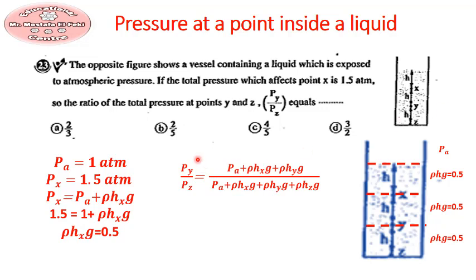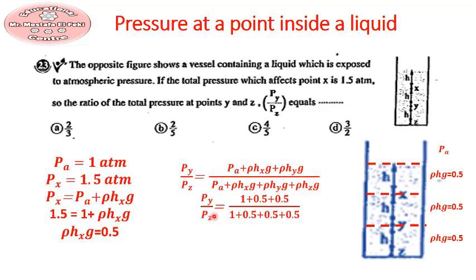So the pressure Y divided by pressure Z equals: above the point Y, PA plus PX plus PY; above the point Z, PA plus PX plus PY plus PZ. Then PA plus rho g h X plus rho g h Y, divided by PA plus rho g h X plus rho g h Y plus rho g h Z. Then rho g h equals 0.5, rho g h equals 0.5, rho g h equals 0.5.